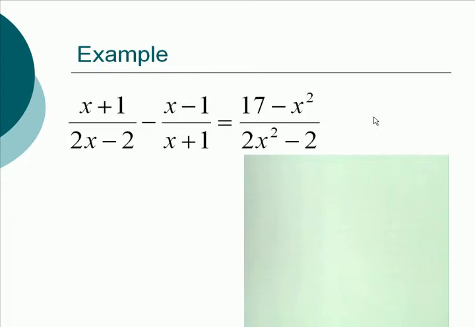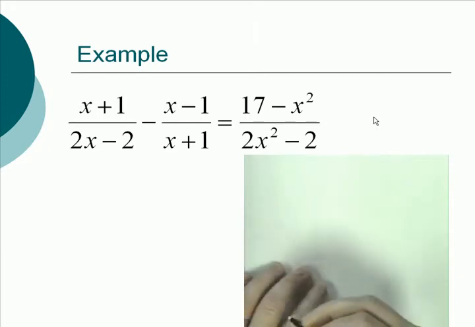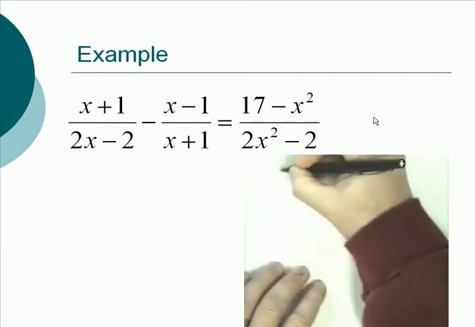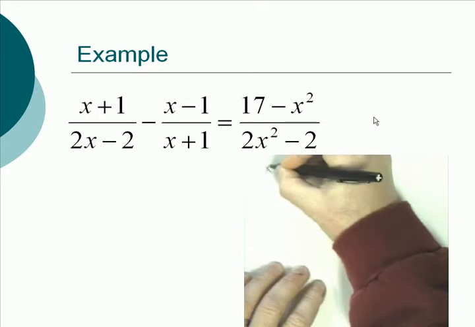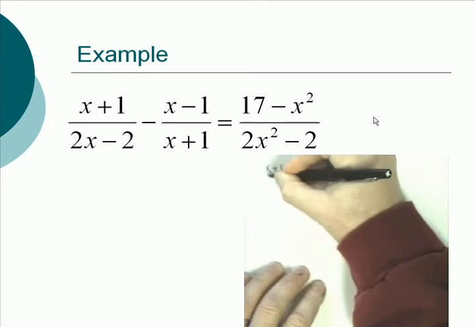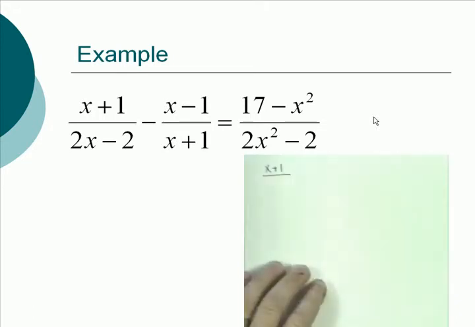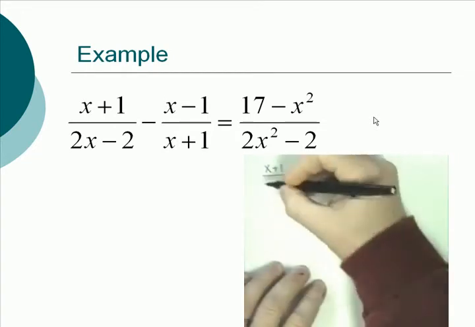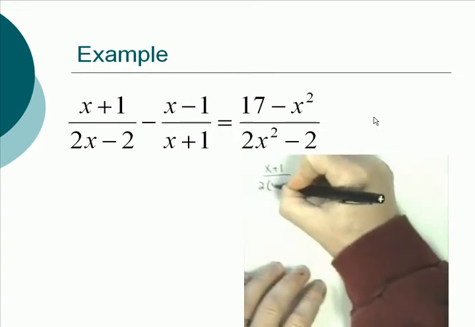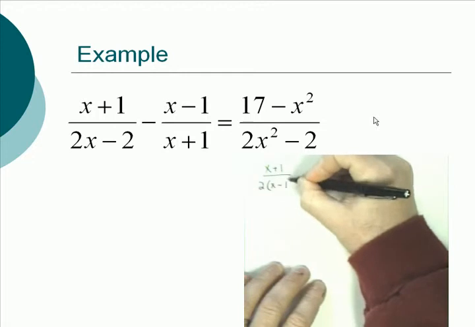Let's look at another example. In order to save a little bit of writing and a little bit of time, we'll factor each of the numerators and denominators as we rewrite this equation. Our first term, x plus 1 over 2x minus 2. The x plus 1 will not factor, though 2x minus 2 will. We can factor out a 2. And we're left with 2 times x minus 1.